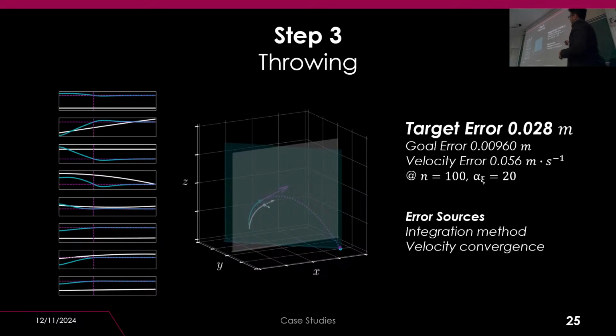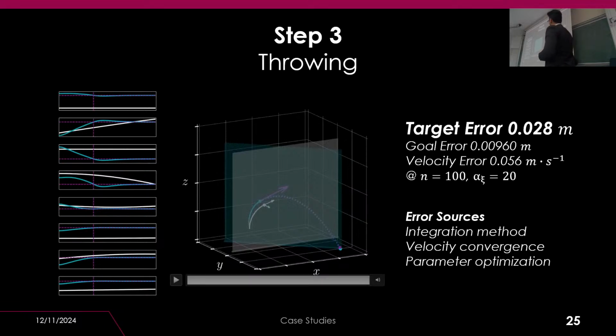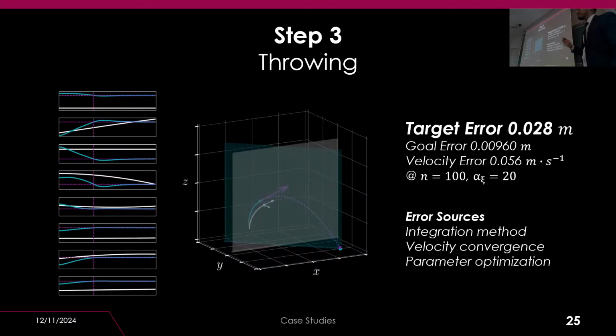So the velocity error trickles down or propagates towards the goal error, which then in turn propagates towards the target error. And finally, the parameter optimization. Since then again, the 100 Gaussian kernels and the 20 for the critically damped variable are arbitrarily chosen, so not optimal.